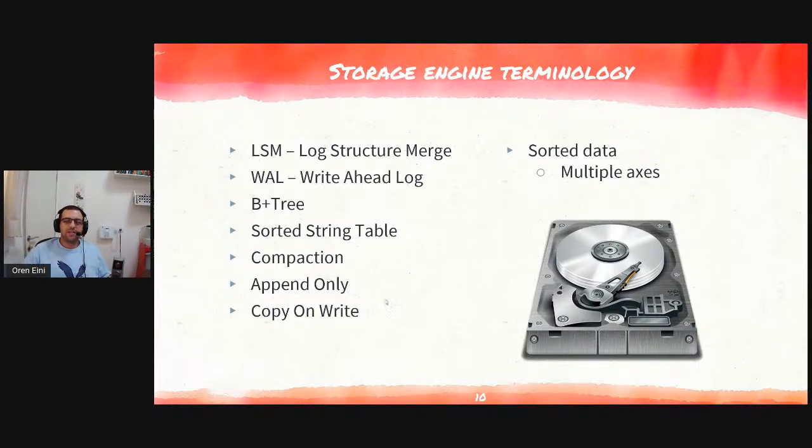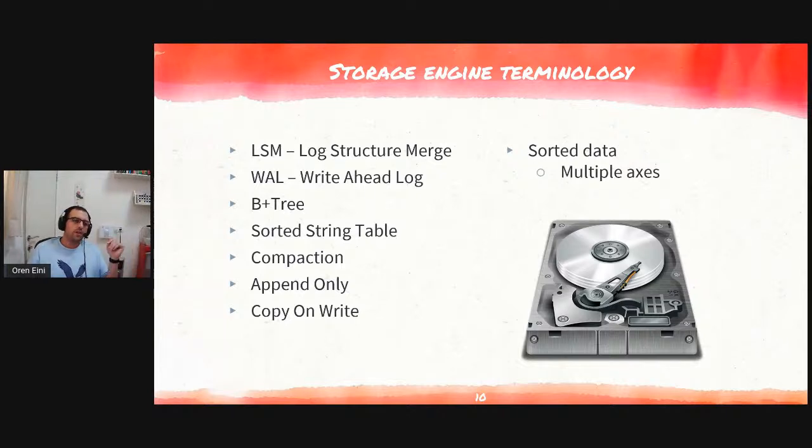But that means that we have to worry about compaction. I'm always writing to the end of the file. Let's say that I have a database that holds a single value, which is a number, and I'm always incrementing this number. So for every single increment, I'm going to write it to the end of the file. What about all of this, which is now stale data? I have to run a compaction to recover the disk space.